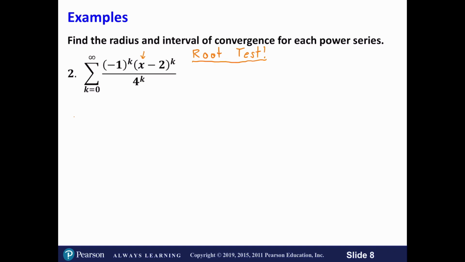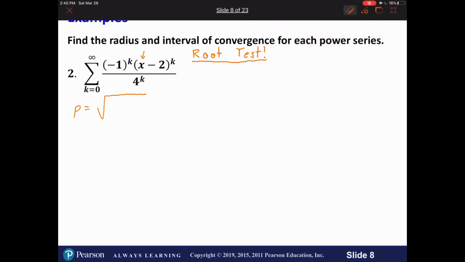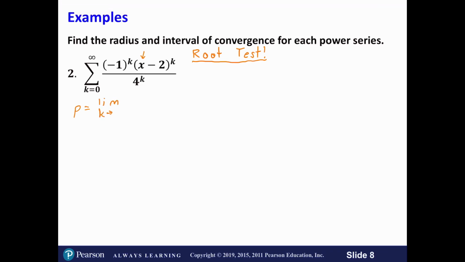So for the root test, we must define rho to be the kth root. No, we got to do a limit first. It is the limit as k approaches infinity of the kth root of the absolute value of our thing inside the sum.